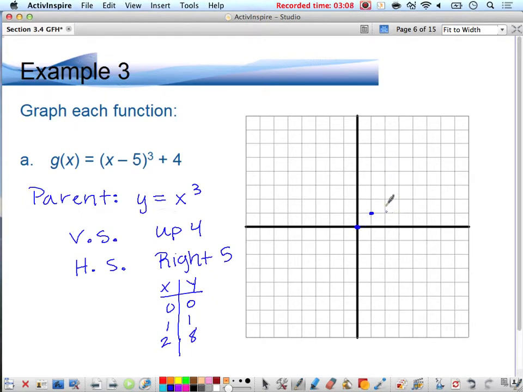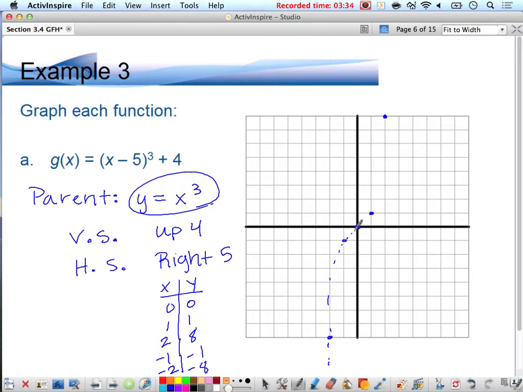And then if I put in negative 1, remember we're just finding points for the parent, negative 1 cubed is negative 1 and negative 2 cubed is negative 8. So that will give me enough points to understand what the parent looks like.